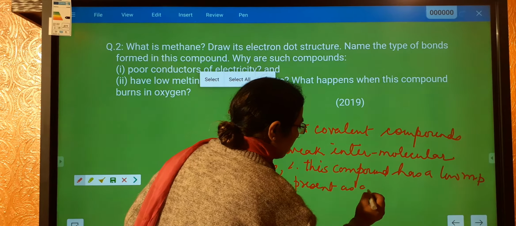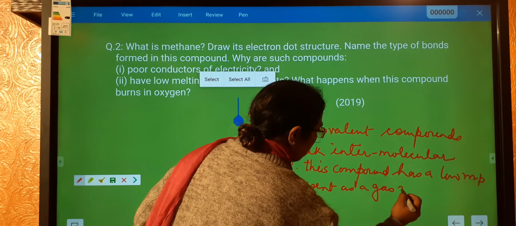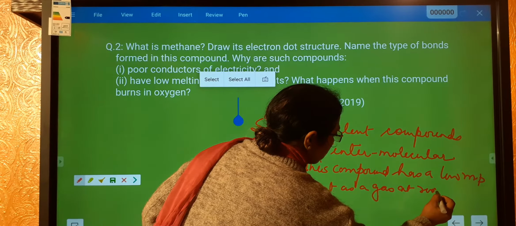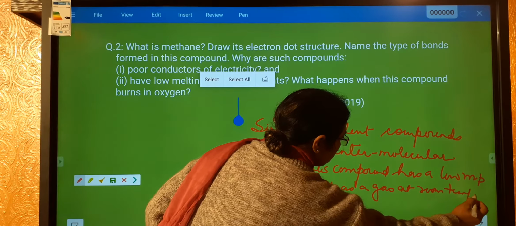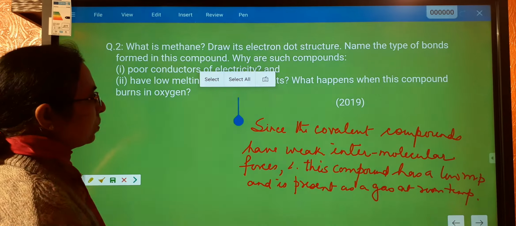Present as a gas at room temperature. Alright, it has got a low melting point.